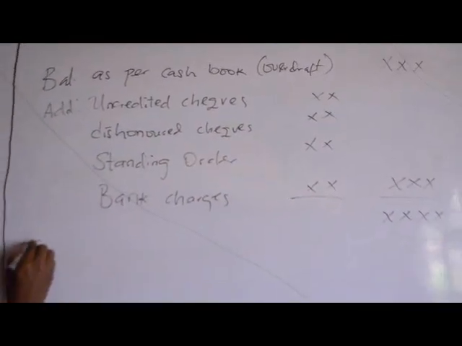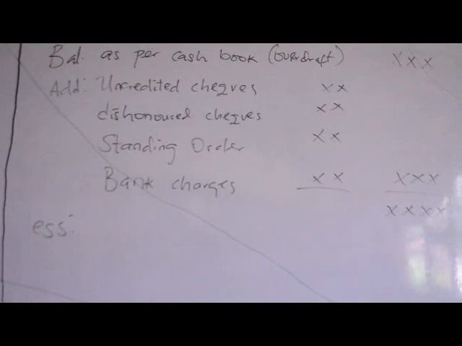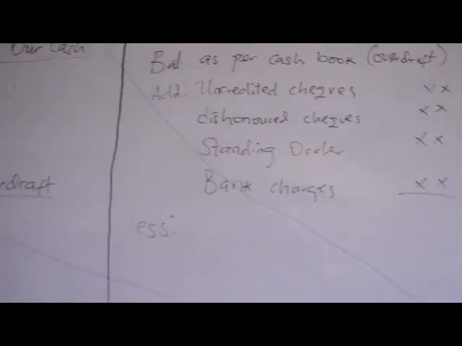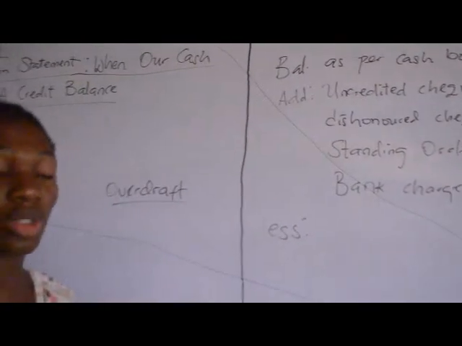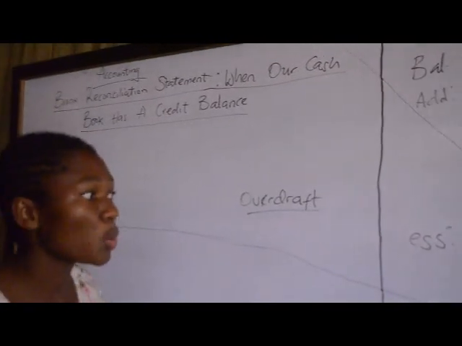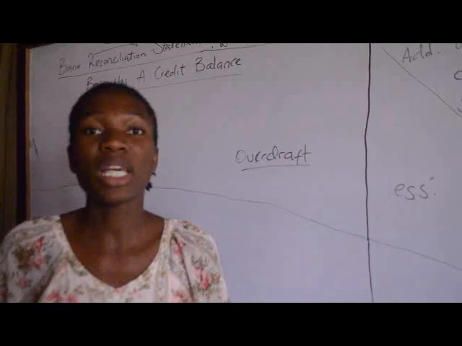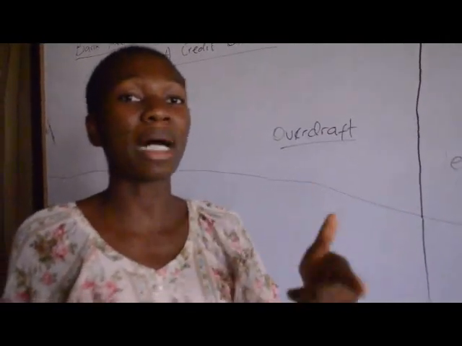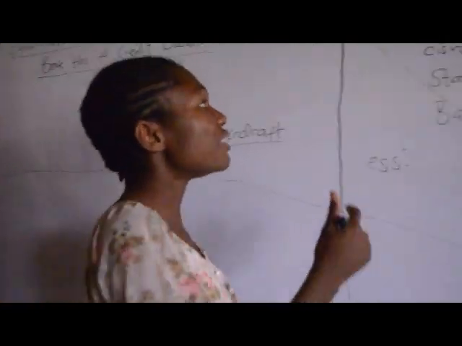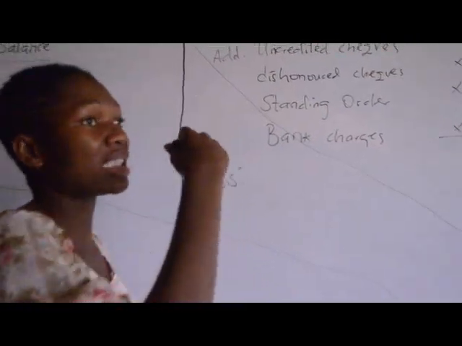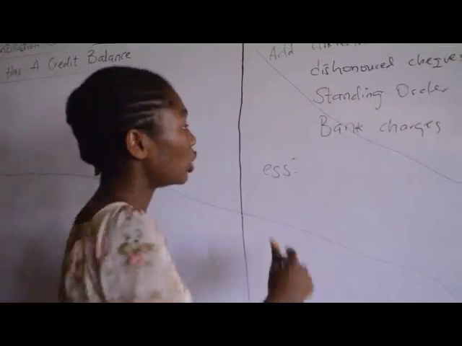And then we'll be lessing what we were adding when we were starting with balance as per cash book in the case of a debit balance. Don't get yourself confused. When it's an overdraft, it's more like a bank reconciliation statement when starting with balance as per bank statement. So everything that we added when we had our balance as per cash book on the debit balance, we'll be subtracting.